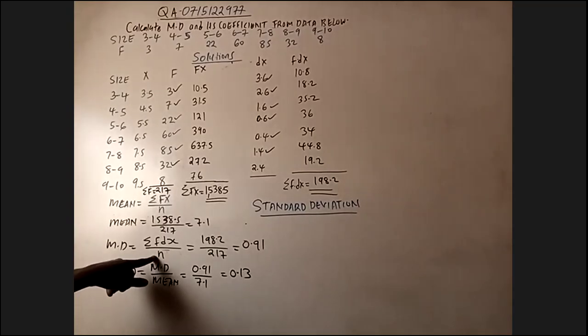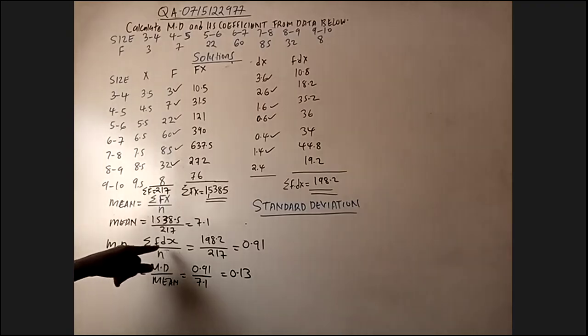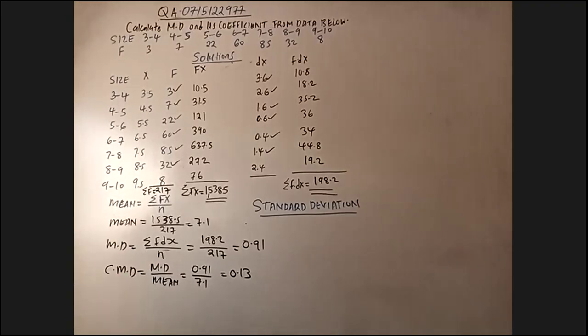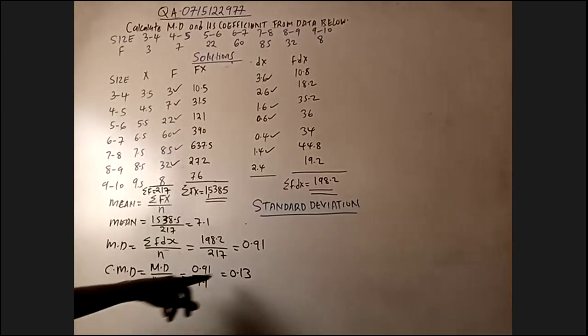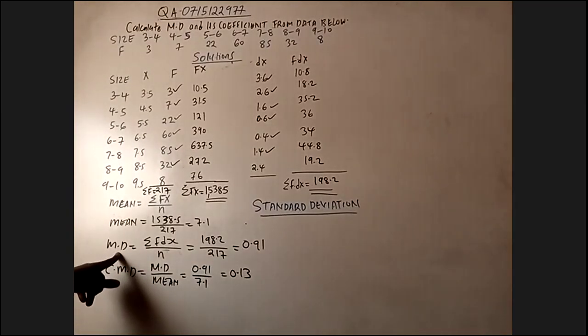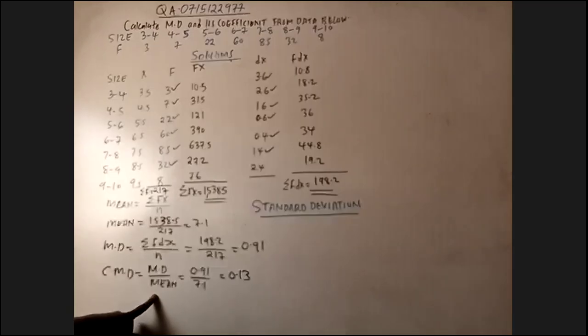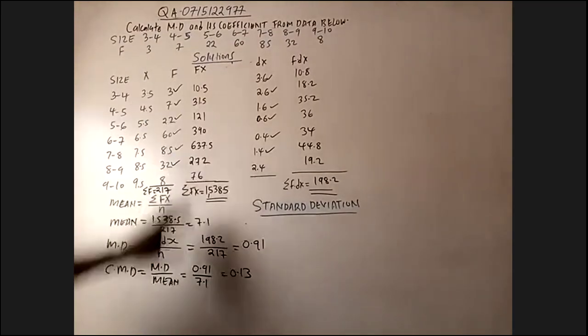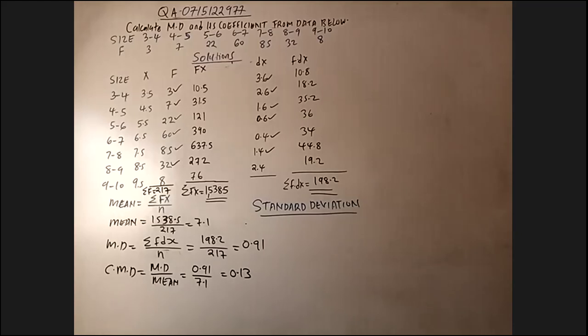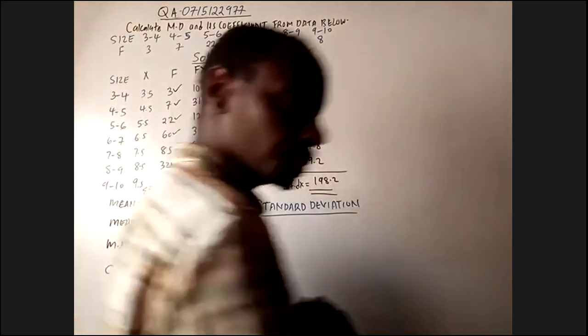Check from your notes. For coefficient of the mean deviation, you take the mean deviation you found above and divide it by the mean, since you used the mean. Is that one okay?